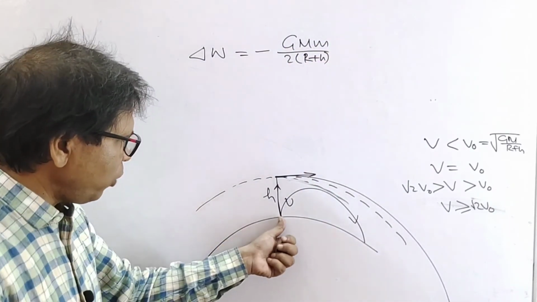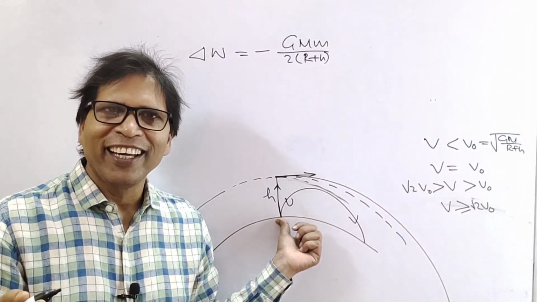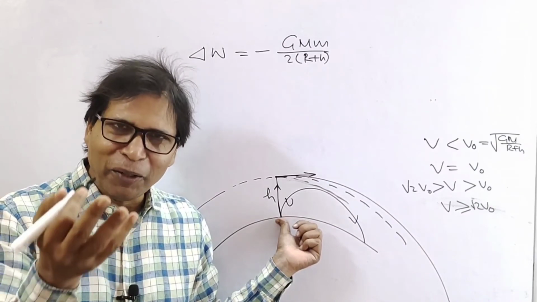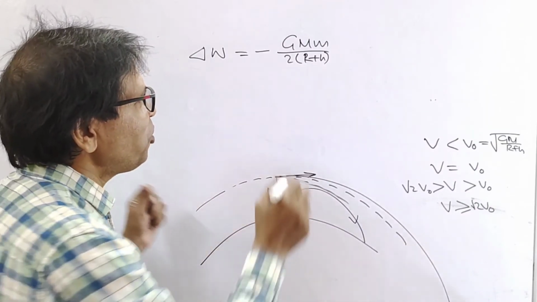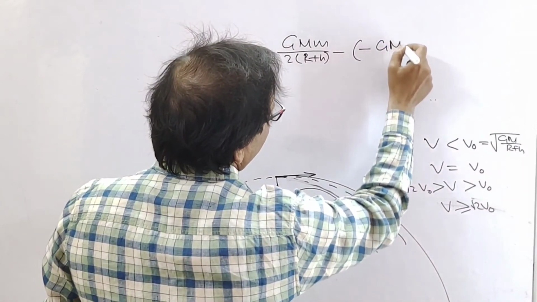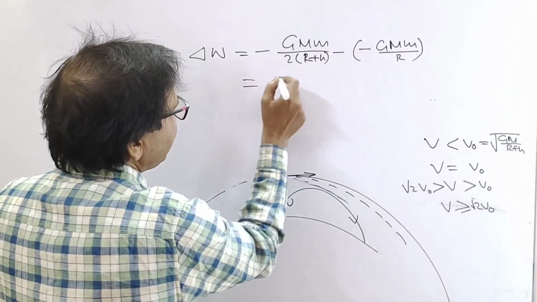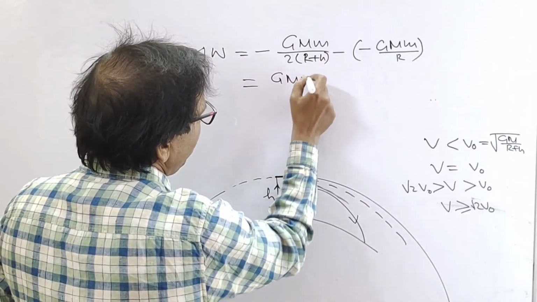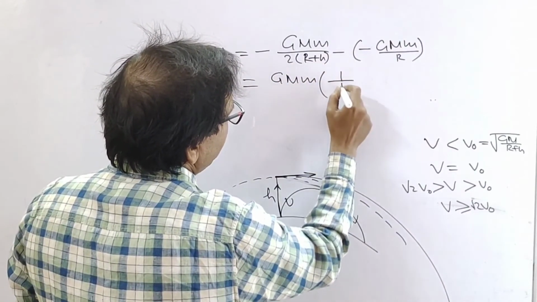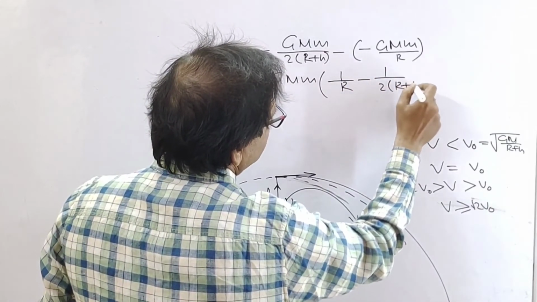Now initial energy: the satellite is at rest on the earth's surface, so initial energy is only potential energy. So this is the potential energy at the earth, GMm by r. So delta W is GMm times the quantity 1 by r minus 1 by 2 into r plus h.